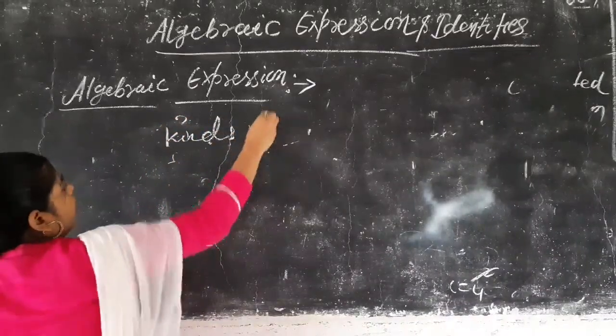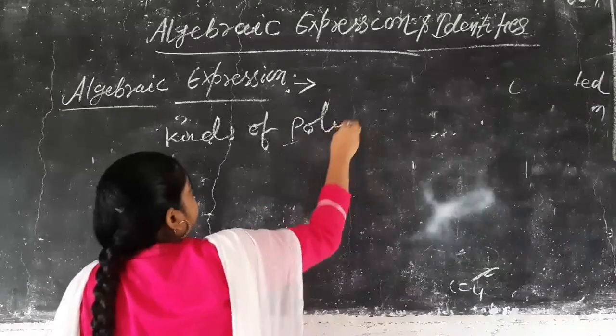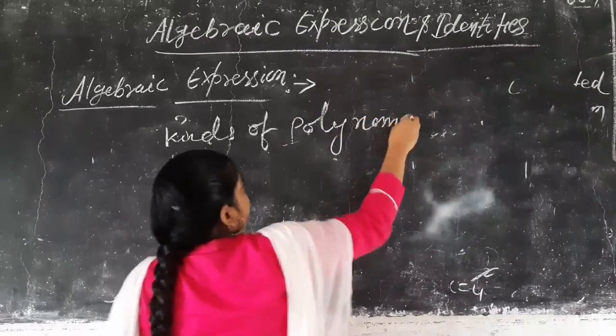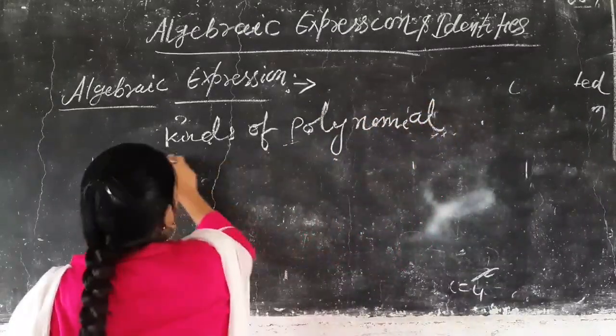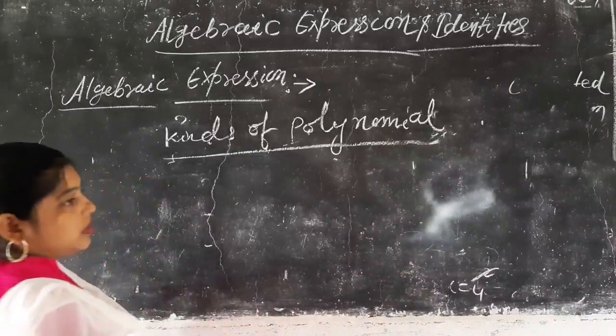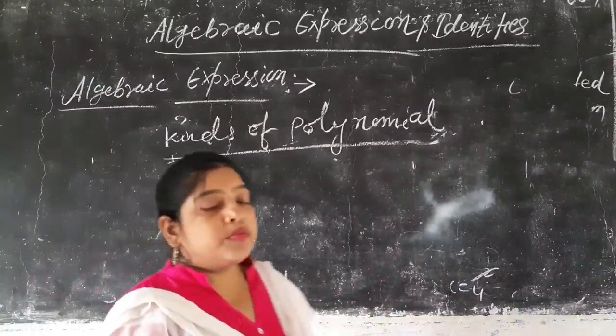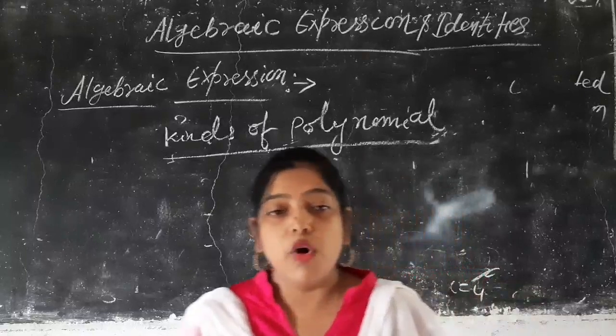Now the next thing: kinds of polynomial. There are 4 types of polynomial. First is monomial.